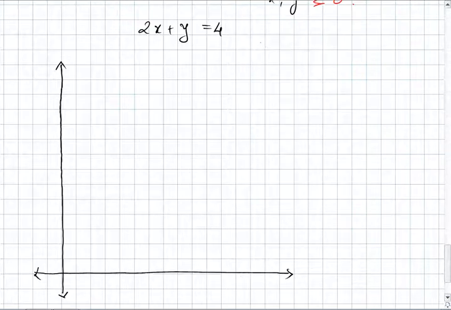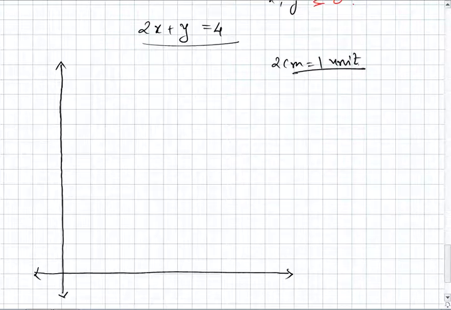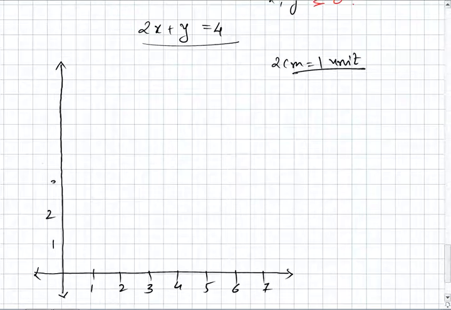Let me try to draw this line. I am taking 2 centimeters equal to 1 unit scale in both axes. So here it is 1, 2, 3, 4, 5, 6, 7 and so on. Here it is 1, 2, 3, 4, 5, 6 and so on.